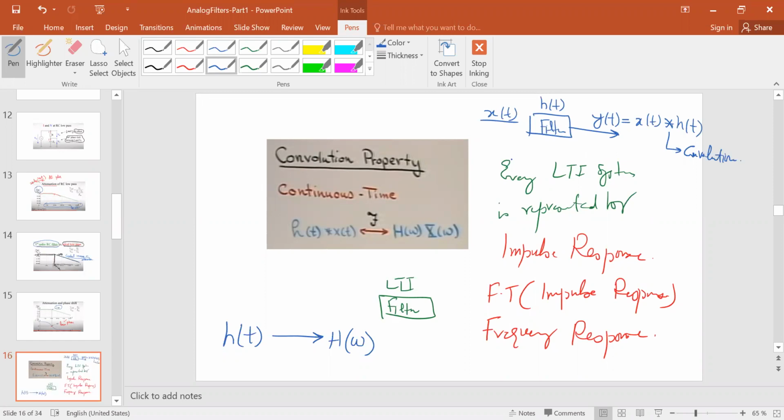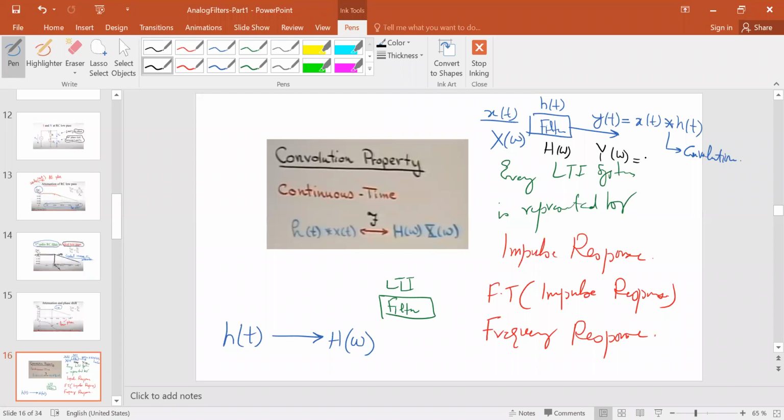Now, when we look at it in the frequency domain, x of t becomes x of omega, h of t becomes h of omega, and y of t becomes y of omega.